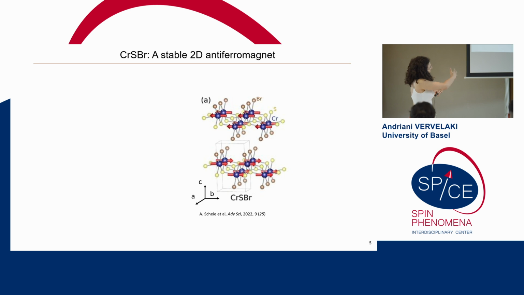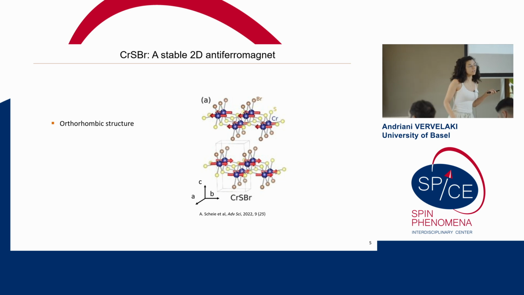And I want to start by telling some magnetic characteristics of this material for the people that are not working yet on chromium sulfide bromide. So it has an orthorhombic structure, as we can see, and the magnetic moment comes from the chromium atoms that are interacting between each other with a superexchange mechanism.